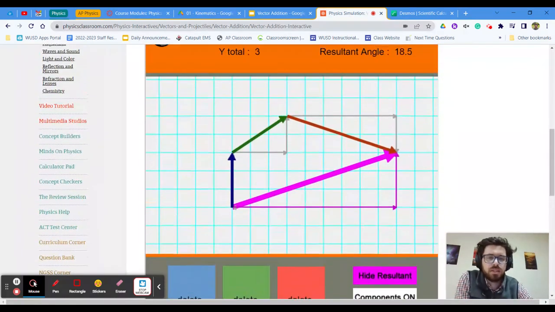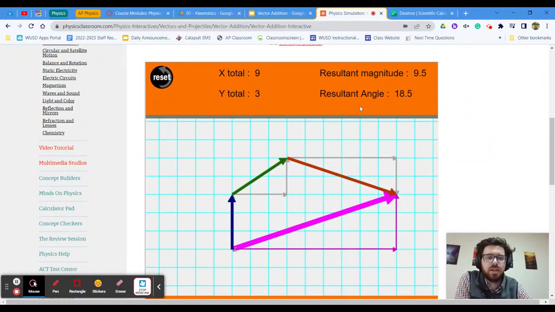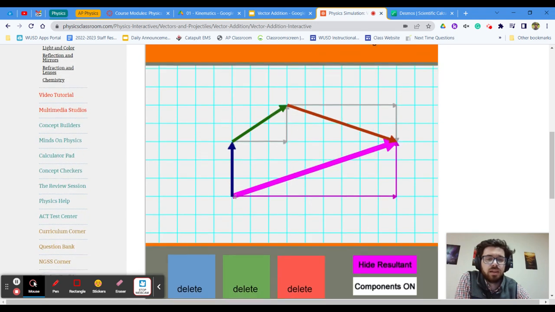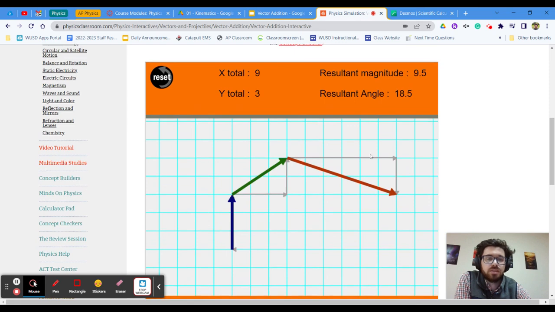And it tells you right here the magnitude of your resultant. Your resultant's magnitude is 9.5, and the angle is 18.5 degrees. This is really handy for that sort of thing. You can also hide the resultant, and it'll still tell you if you click on each of them.